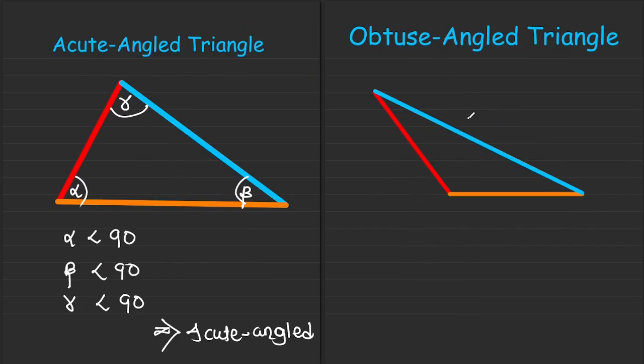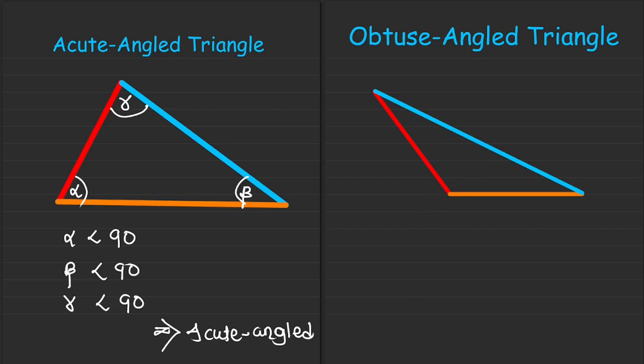Now, talking of an obtuse angled triangle, an obtuse angle is an angle that is simply greater than 90 degrees but less than 180. So if you're able to construct or draw a triangle such that one of the angles is more than 90, you have drawn an obtuse angle.